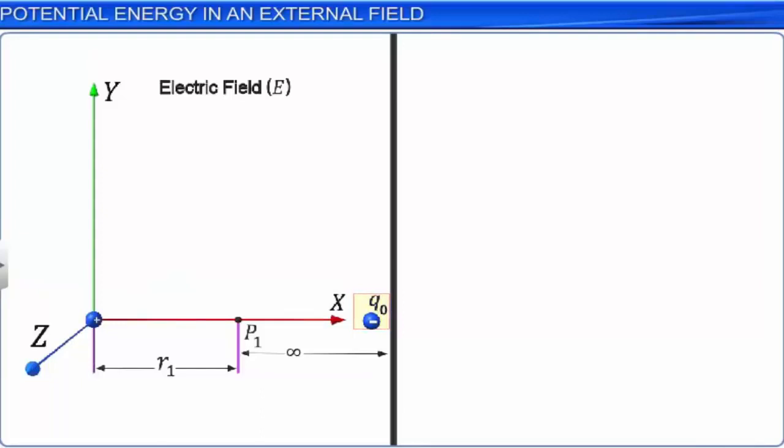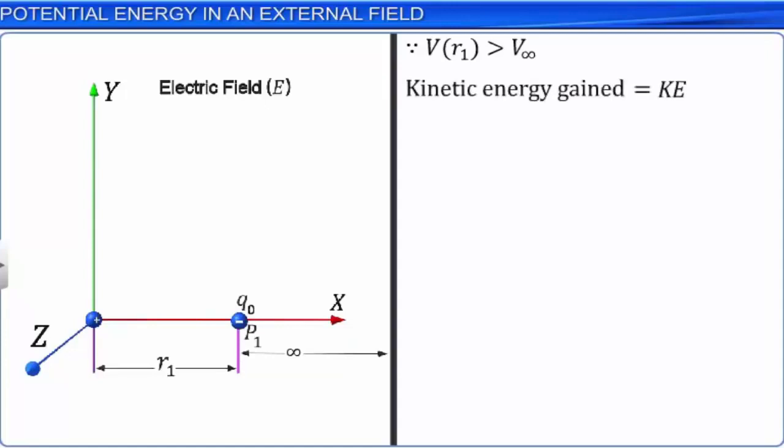Now, if Q0 is an electron which is at rest at infinity, is released under a potential difference, then it moves towards the point P1. Since P1 is at higher potential compared to the point at infinity, the electron gains kinetic energy, which is equal to Q0 into V of R1.